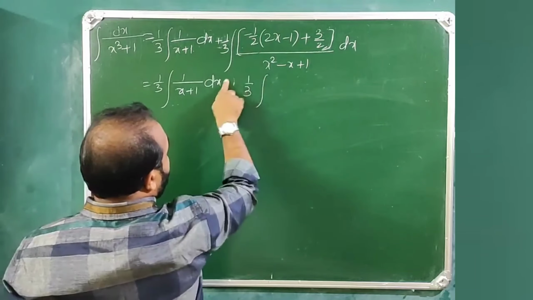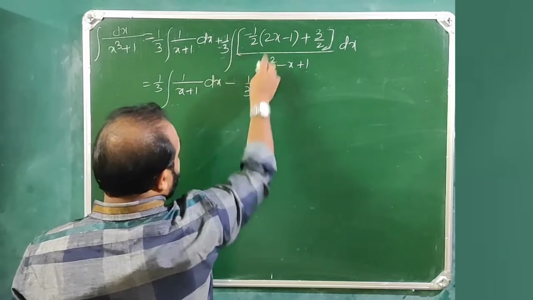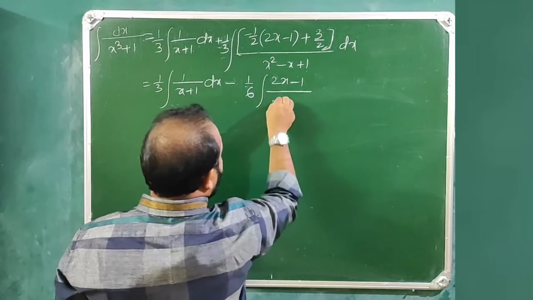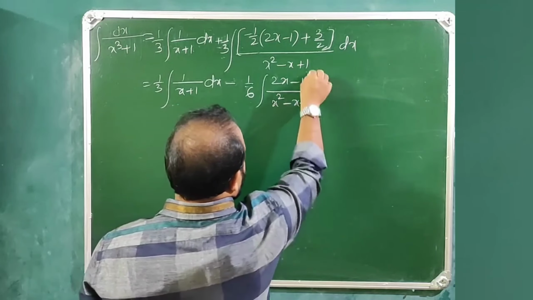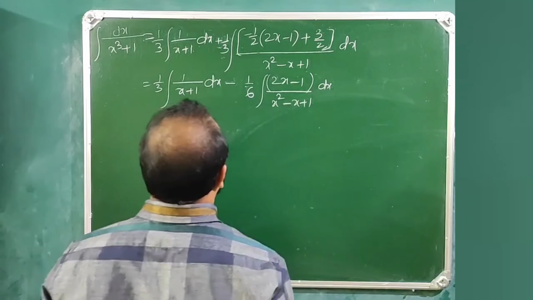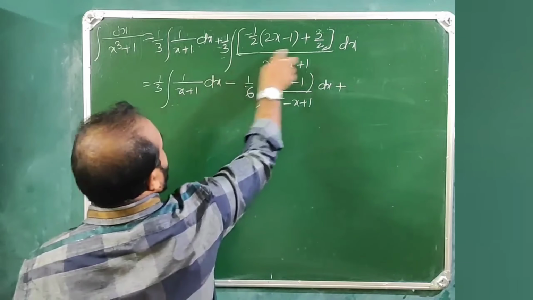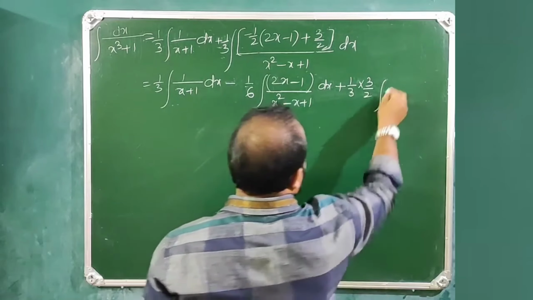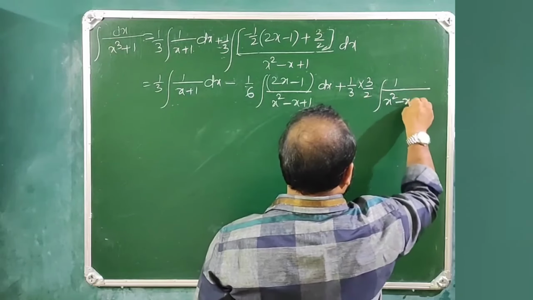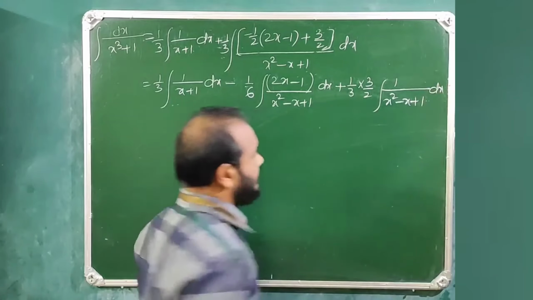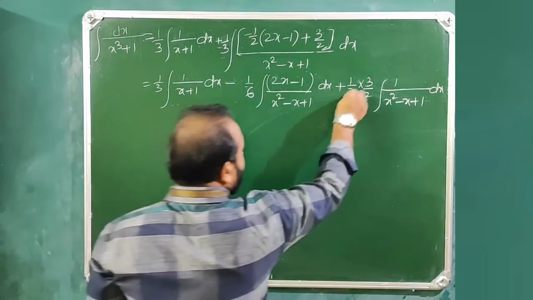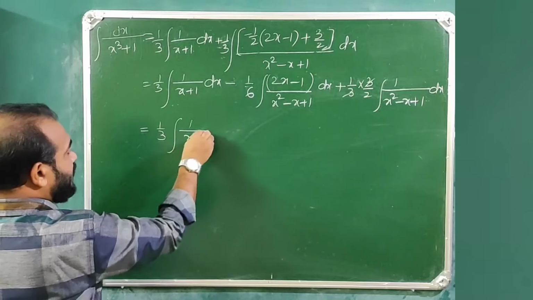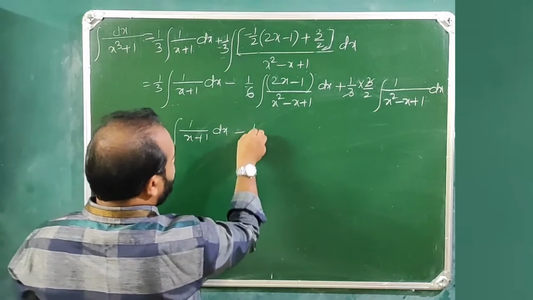So plus into minus is minus, 1 by 3 into 1 by 2 is 1 by 6. So this is 2x minus 1 by x square minus x plus 1 dx plus 1 by 3 into 3 by 2 integral 1 by x square minus x plus 1 dx. So these two get cancelled. So 1 by 3 integral 1 by x plus 1 dx minus 1 by 6.